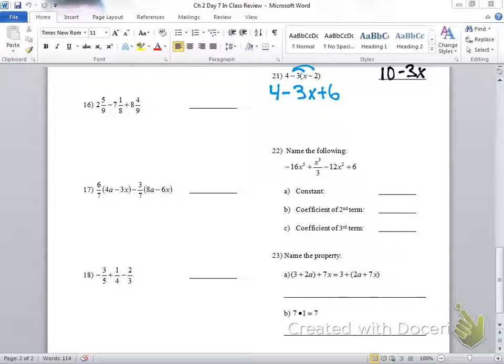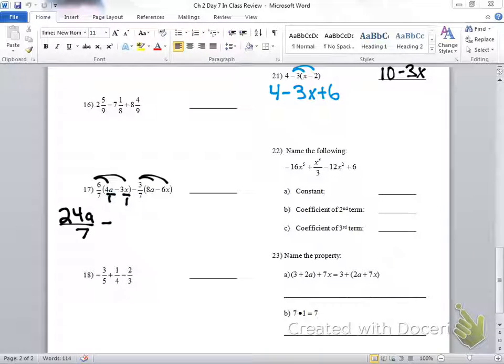All right, let's go down here. We have to distribute these fractions. So I'm going to think of each of these as being over 1, right? So what's 6 times 4a? 24a over 7. Good.